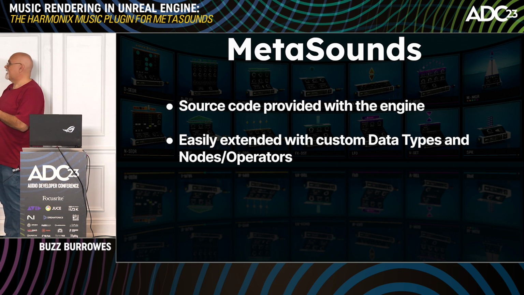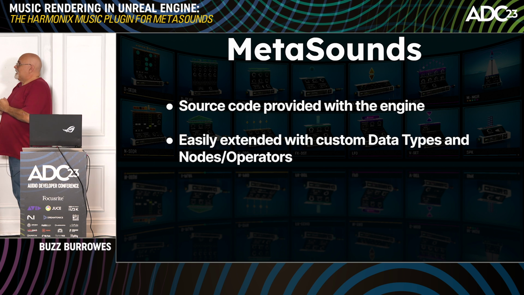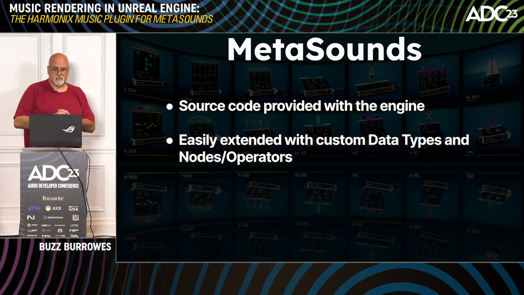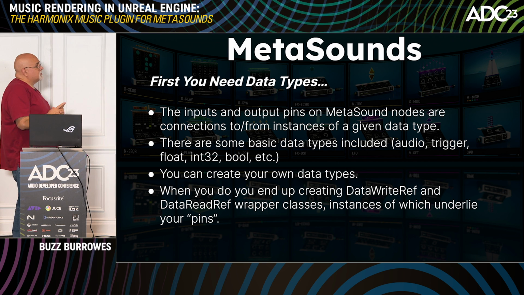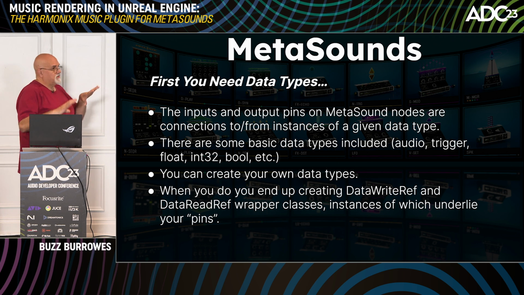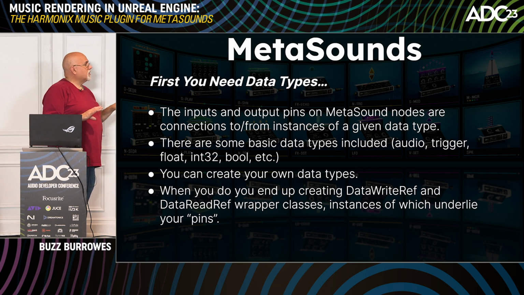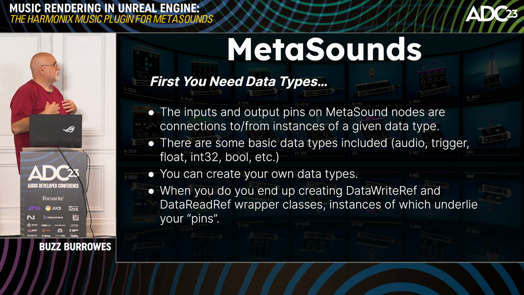You could download it today if you wanted to, which means that the source code to MetaSounds is available. And MetaSounds can easily be extended with custom data types and nodes/operators. So this is the thing. Inputs and output pins on those nodes that we saw are completely flexible, and we can define our own.